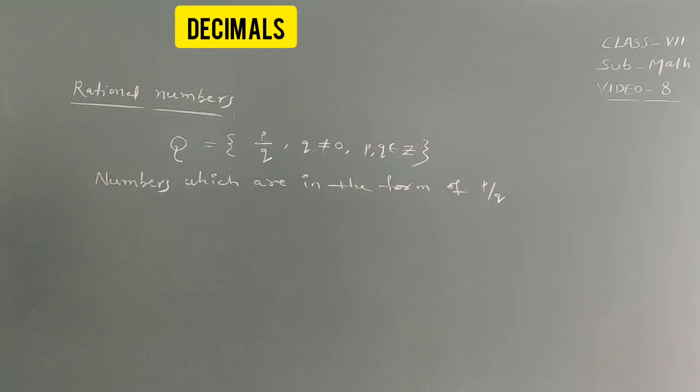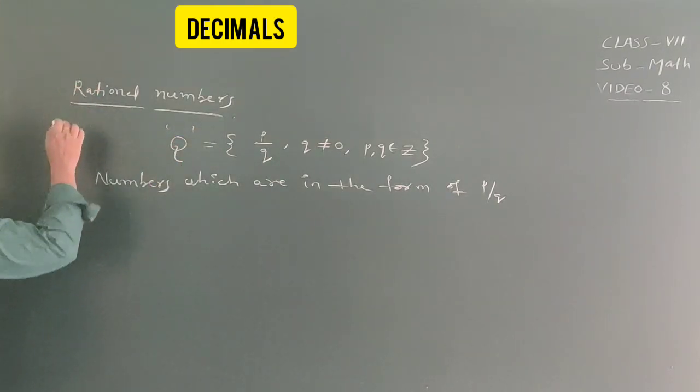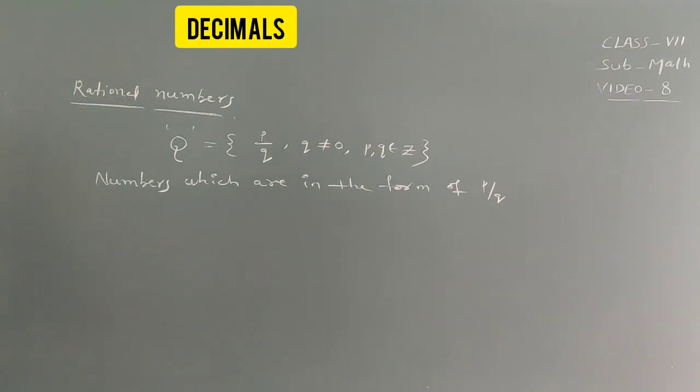Only rational numbers we have here. Rational numbers are denoted by Q. Actually, rational starts with R, but we have real numbers also. In the next classes, we will learn real numbers also.